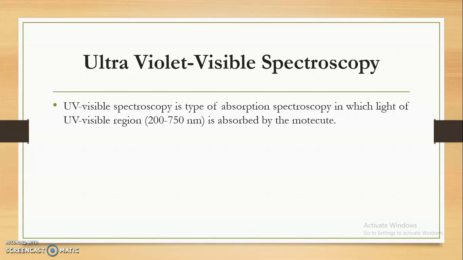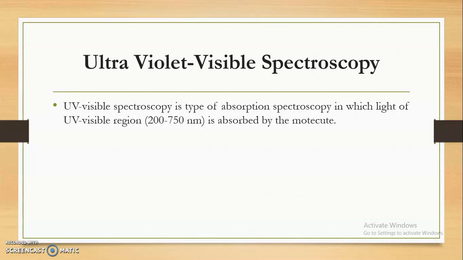Because the rays emitted from these objects have different wavelengths and different energy, and depending on that change in energy, we are able to see them. The human eye can only see radiations in the visible region. The rest of the regions, ultraviolet, infrared and microwave radiation, we are not able to see.